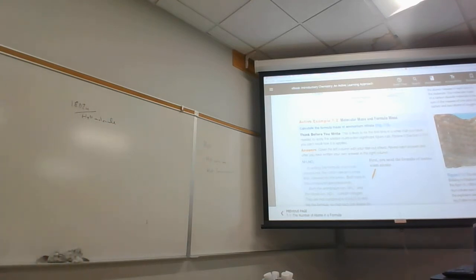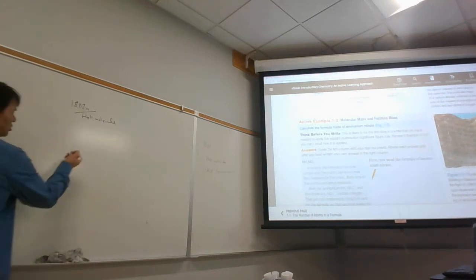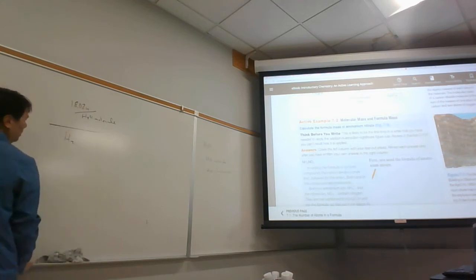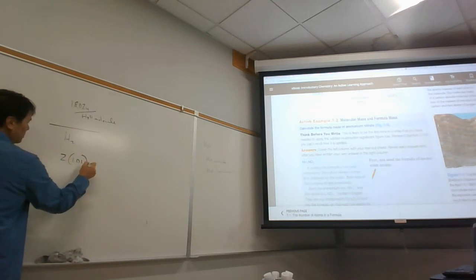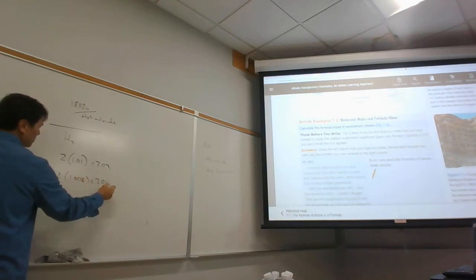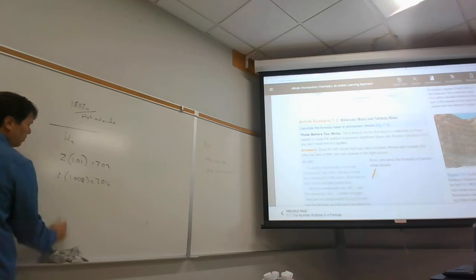That's 4 sig figs. Typically, we want 4 sig figs. But let's say I'm looking at H2. If I'm looking at H2, then I have 2 choices. I could do 2 times 1.01, which gives me 2.02. That's 3 sig figs. Or I could do 2 times 1.008, which is going to give me 2.016. I want this one.